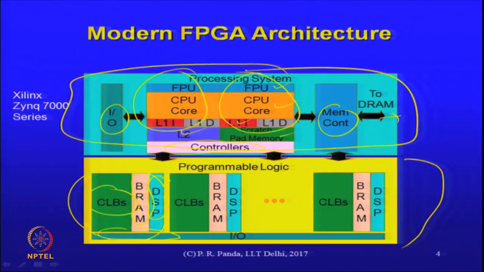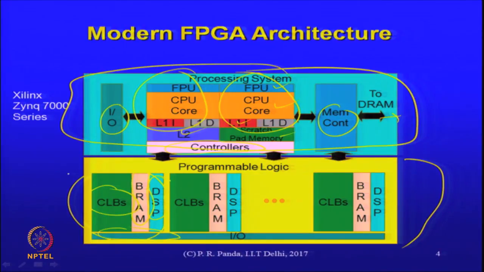Most of the area might still be occupied by this programmable logic part though, but that software and the processor component is considered essential, at least high end FPGAs and FPGAs targeting SoCs would usually have some kind of processors.